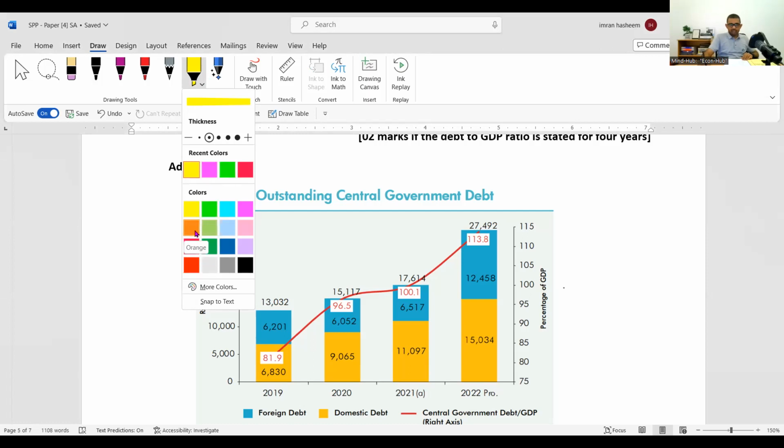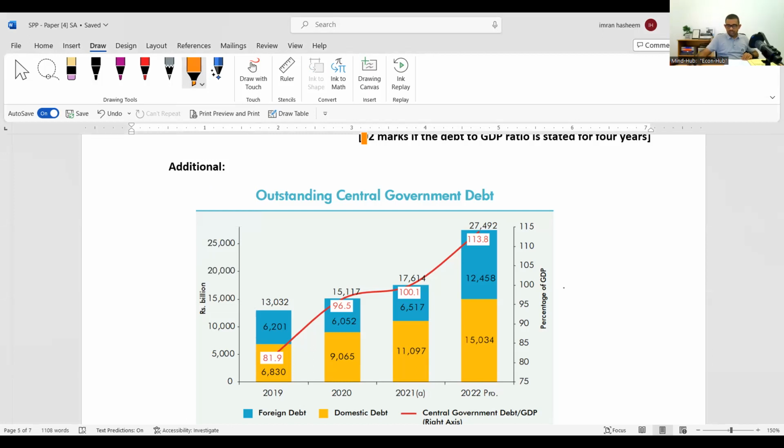I'm looking for a color suitable for the irony and harshness of it. 27,492 billion, eight more zeros there. That is the debt the government of Sri Lanka has to pay.